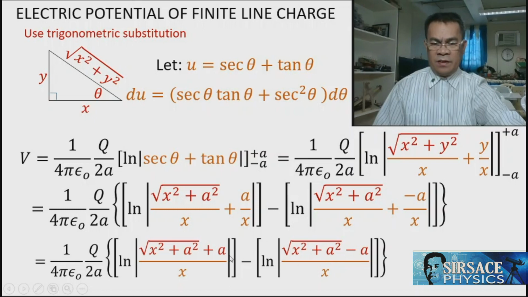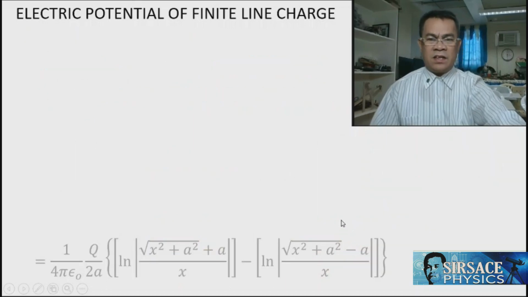So we can compress this and form only one natural logarithm, taking the ln, with this as our numerator and this as our denominator. This is the result.